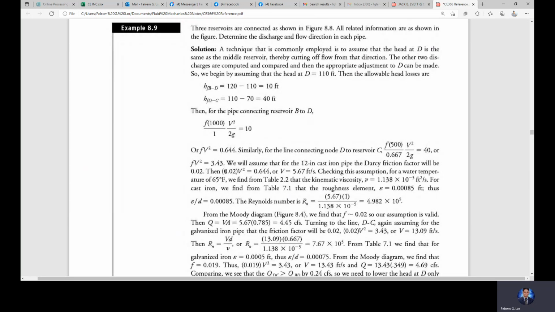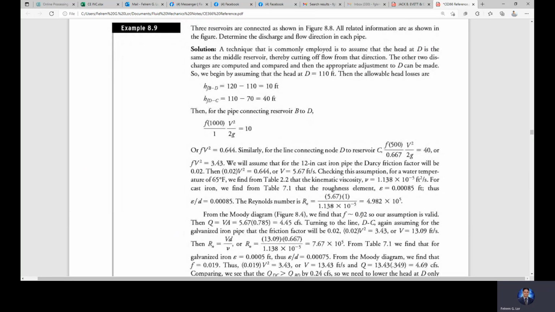Actually, in this solution, gi-assume niya nga ang f is 0.02. Iyang gi-check. Now, checking this assumption for water temperature, na-found out niya nga ang value sa f is roughly sakto ra sa assumption 0.02. Remember, ang Reynolds number is dependent man on the velocity, di ba?